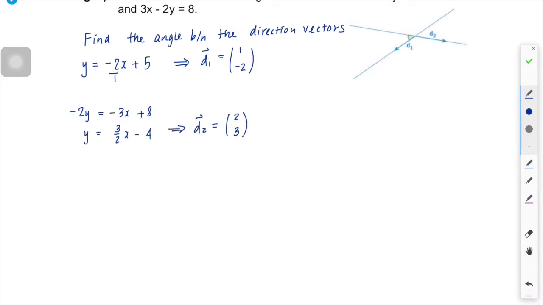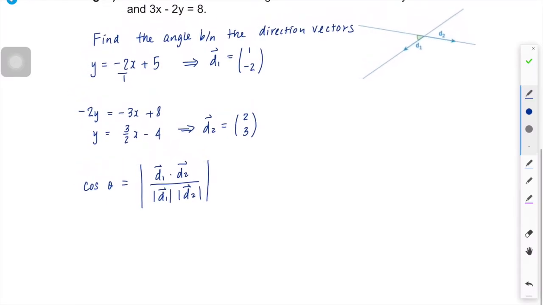So now once again, we have two vectors. I want the acute angle between D1 and D2. Let's set up cosine theta equals D1 dot D2 over the magnitude of D1 times the magnitude of D2, keeping that in the first quadrant. What have we got here? I have 1 times 2, -2 times 3, minus 6. I have 1 plus 4, square root.